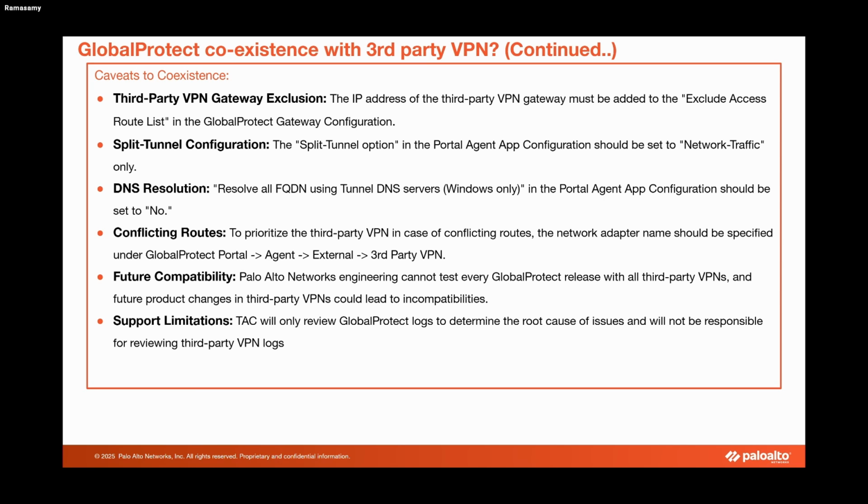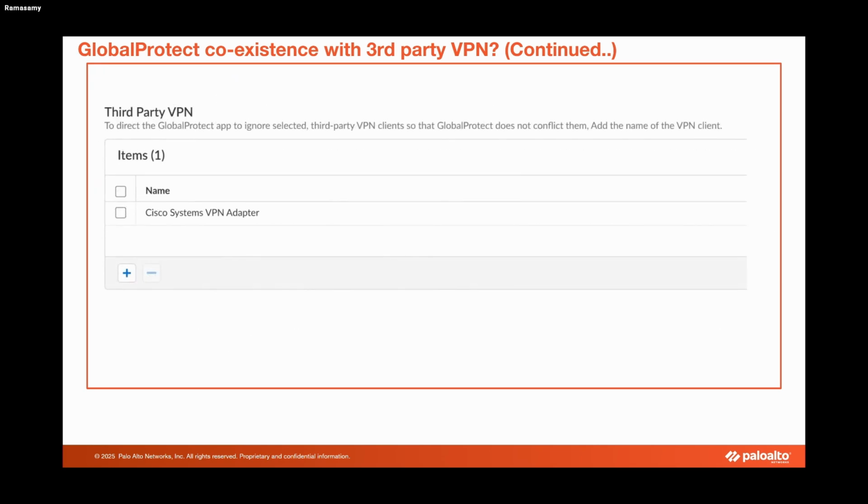To avoid conflict, the third-party VPN network adapter name should be specified in the app settings under GlobalProtect portal settings, third-party VPN. So we have a screenshot of the third-party VPN. In this item, you need to configure the name of the adapter of your third-party VPN so that it doesn't create a conflict with GlobalProtect.